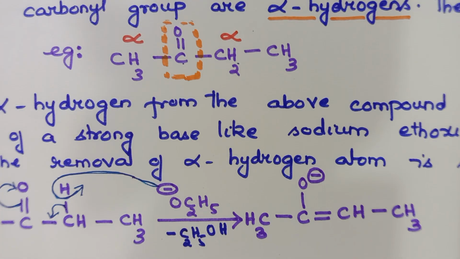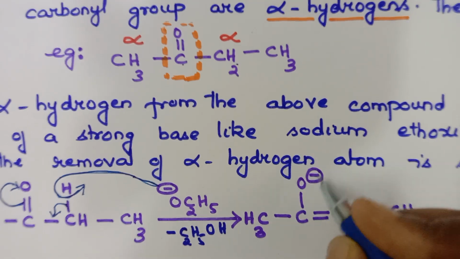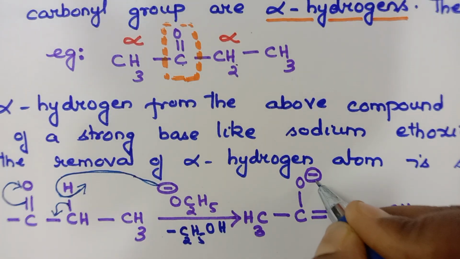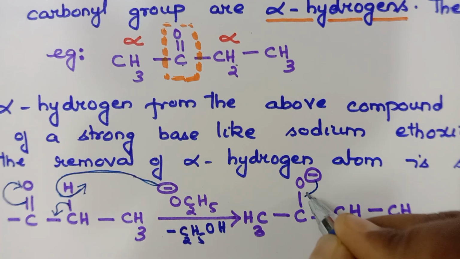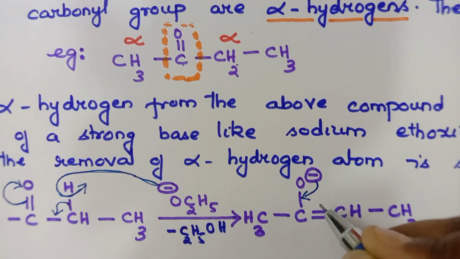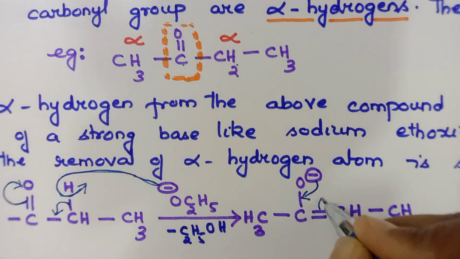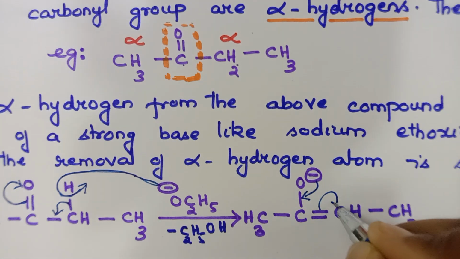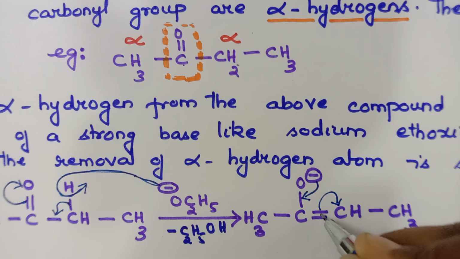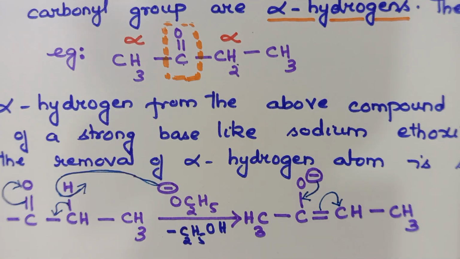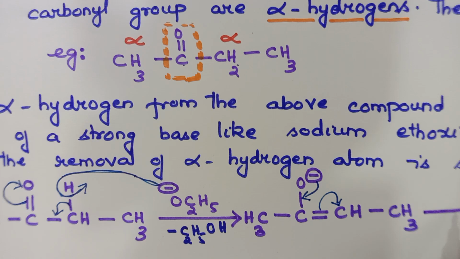Fine. Now what happens? This negative charge moves in between carbon and oxygen. Again, a double bond will be formed, and this bond moves towards carbon. Hence, this carbon acquires a negative charge. Next, put an arrow, students.